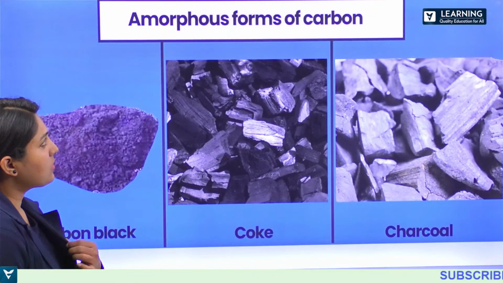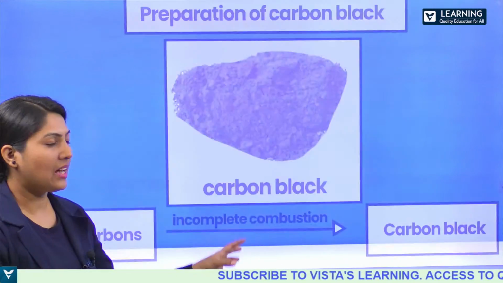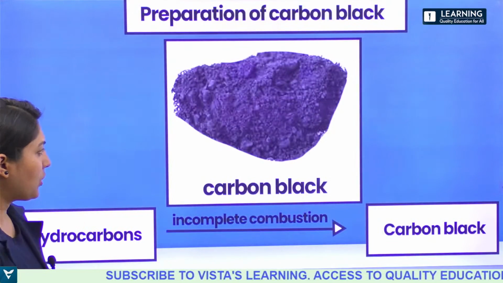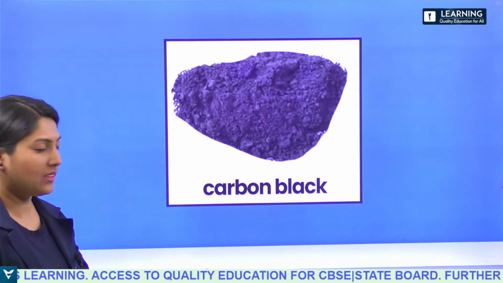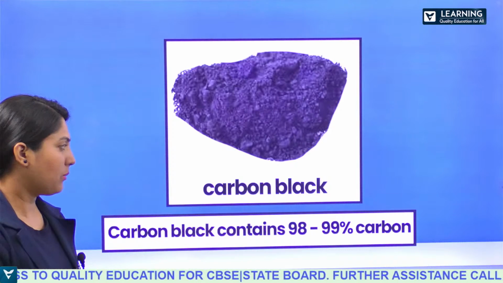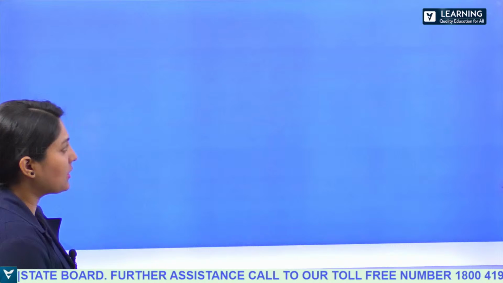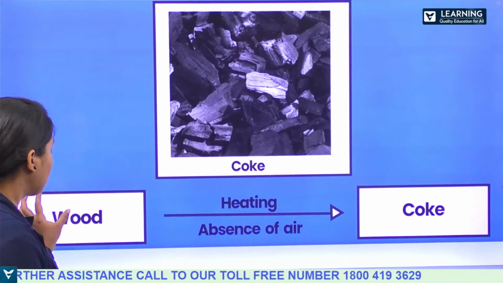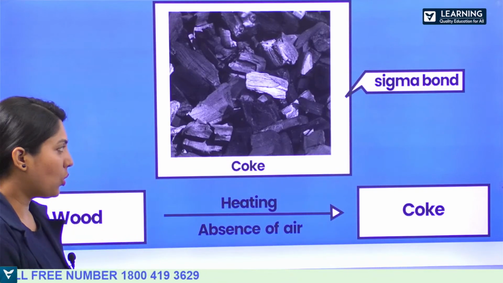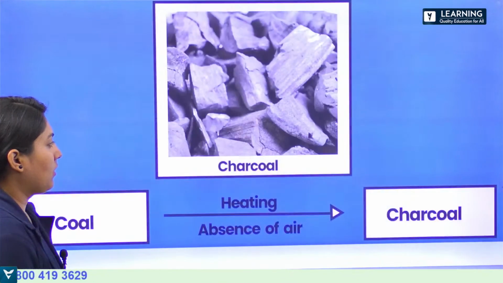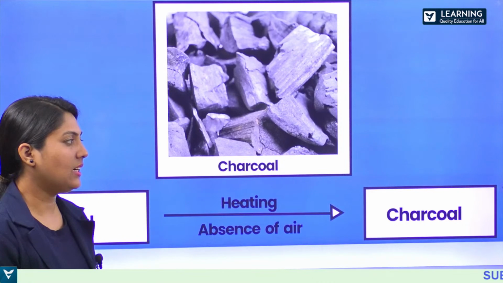So when you see these forms of carbon, carbon black, coke and charcoal, these are not pure forms, they are impure forms. How do you get carbon black? From hydrocarbons. If you heat them and they undergo incomplete combustion, you will get carbon black, which contains around 98 to 99% carbon. Whereas if you heat wood in absence of air, you will get charcoal, and when coal is heated in absence of air, we get coke.